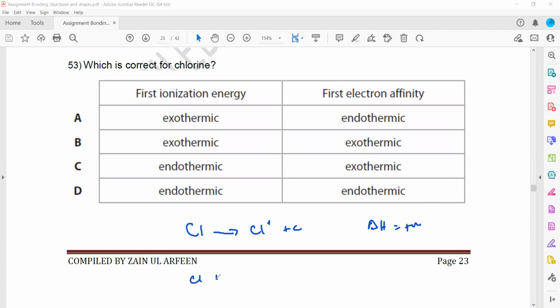First electron affinity is the opposite of this: here the electron is removed, in affinity the electron is added. When an electron is added to a neutral gaseous atom, energy will be released, so it is exothermic. So this one is exo, and ionization energy will be endo. So endo and exo, so C will be the right answer. Second electron affinity is always endothermic.